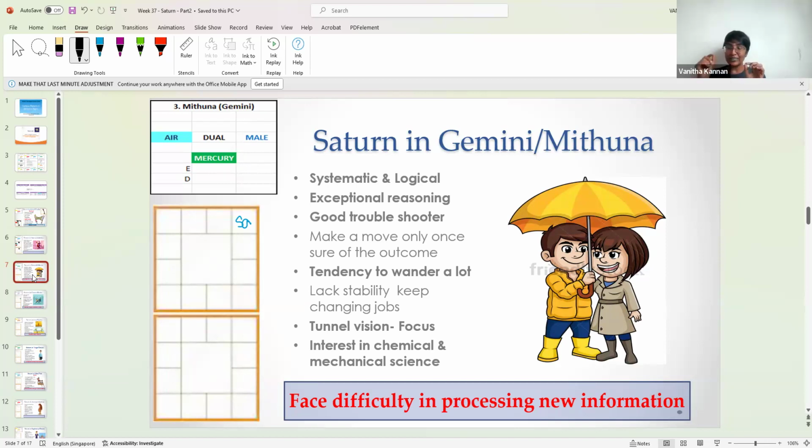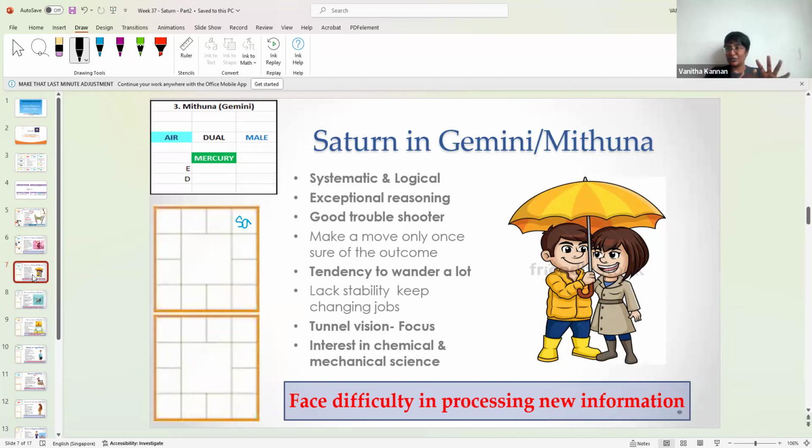See, there is a dual nature, and very much information flows into them. Imagine you have a number of ideas coming to you, and you have a nature of jumping from one to another.